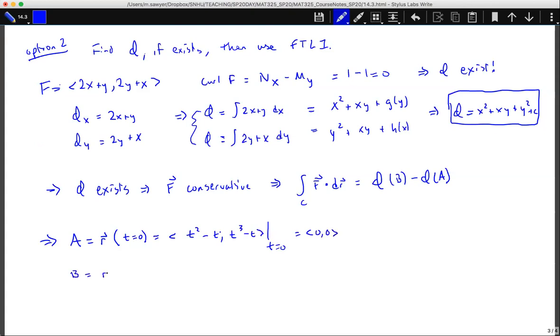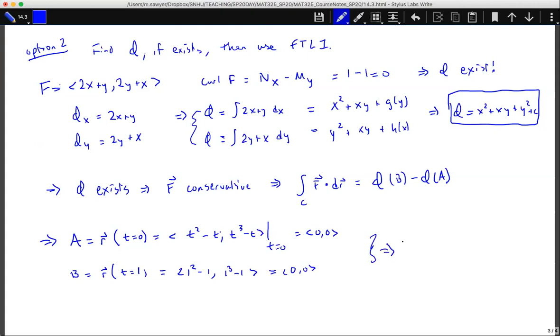And B is equal to r evaluated at t equals 1, which is 1 squared minus 1, comma, 1 cubed minus 1, which is also equal to 0, comma, 0.